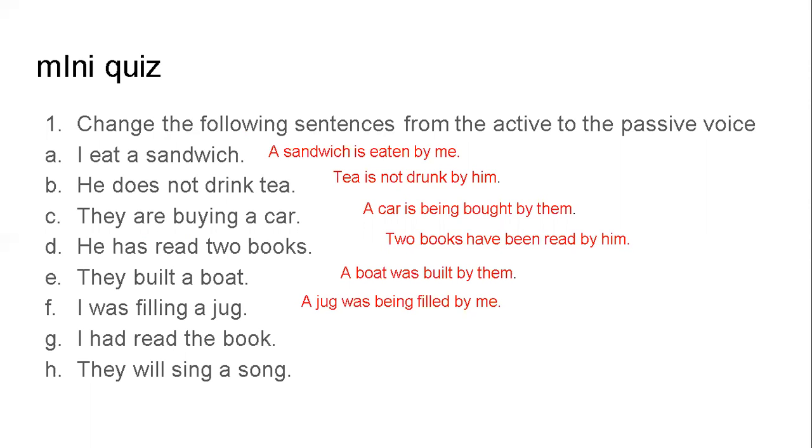A jug was being filled by me. I had read the book. The book had been read by me. They will sing a song. A song will be sung by them.